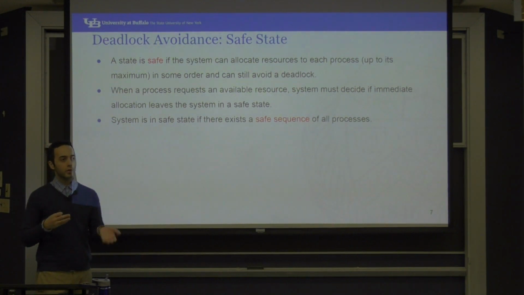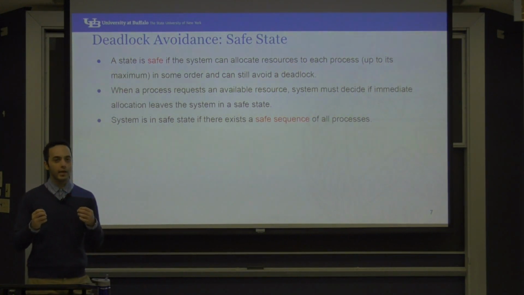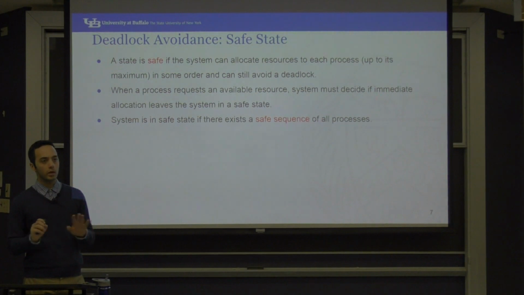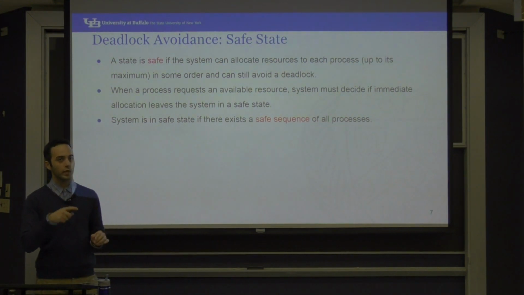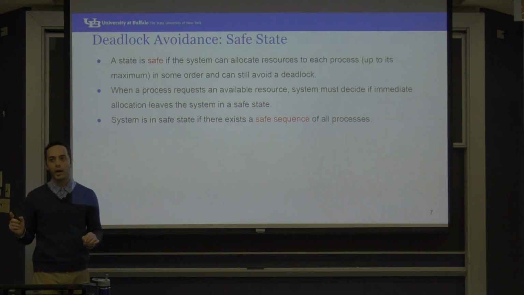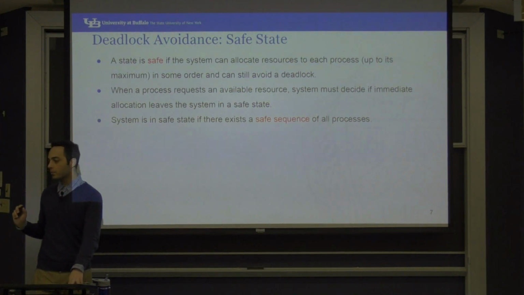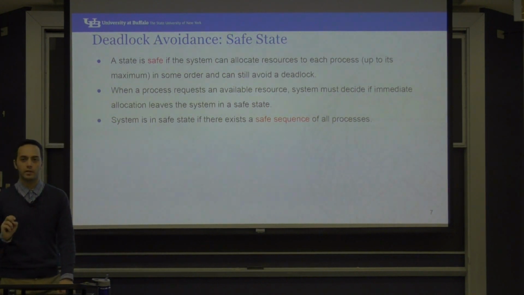If it jeopardizes it, then the system might say, okay, you should wait, because we are not in a deadlock now, but it's safer for you to wait so we don't end up in a circular wait. And then it's avoiding deadlock by making that process wait. All right? And a system is in a safe state if there is a safe sequence of all processes.